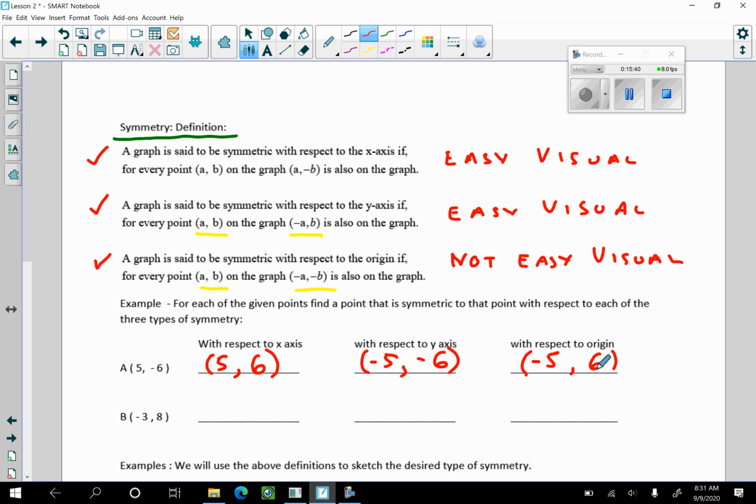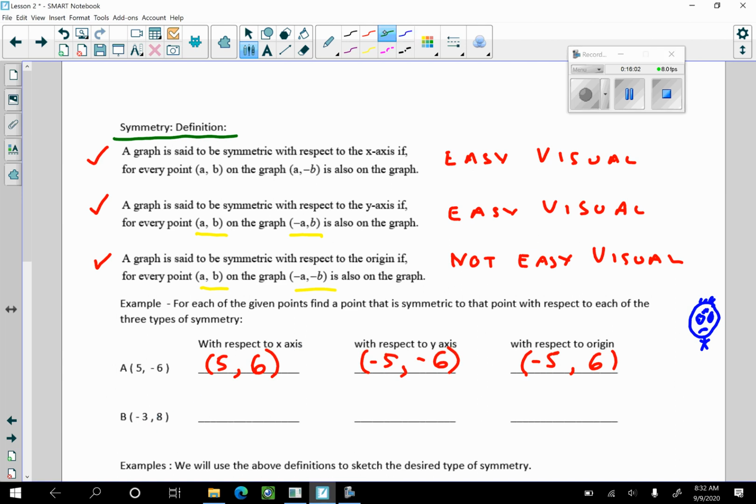On a scale of 1 to 10, 10 being very difficult to do, this is like a 2-ish. Take a moment and fill in the blanks for B. Okay, let's quickly find the point symmetric with respect to x of this.